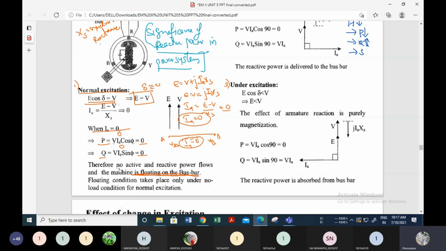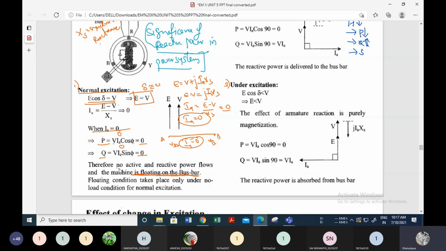So here what we discussed is that phi equal to 90 degrees, so cos 90 is equal to 0. So active power is 0, and reactive power, sin 90, again 1, so reactive power exists. Under the overexcitation, under excitation, normal excitation, P equal to 0, active power equal to 0.